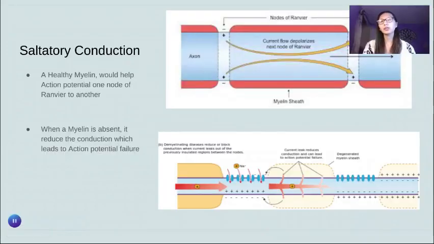When looking at saltatory conduction, we are looking at one healthy myelinated axon, and one which is considered demyelinating. A healthy myelin will help the action potential travel from one node of Ranvier to another, while the myelin in the demyelinating axon is absent, which reduces the conduction and leads to action potential failures.